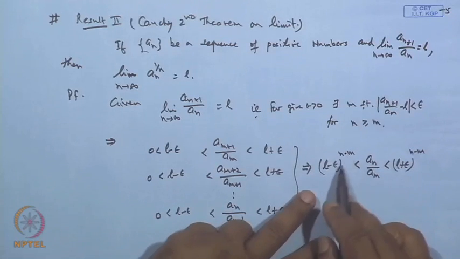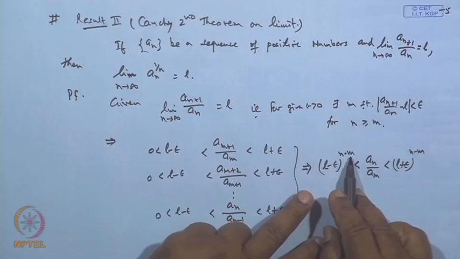Now, divide by L minus epsilon to the power minus m.